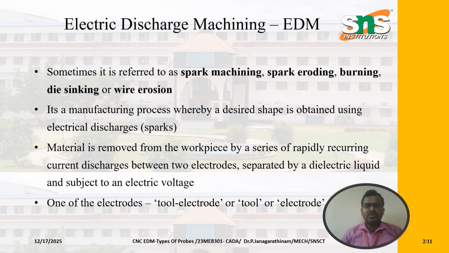It is also known as spark machining, spark eroding, burning, die sinking or wire erosion. It is a manufacturing process whereby a desired shape is obtained by using electrical discharge.